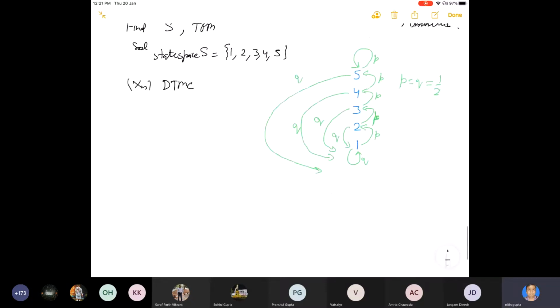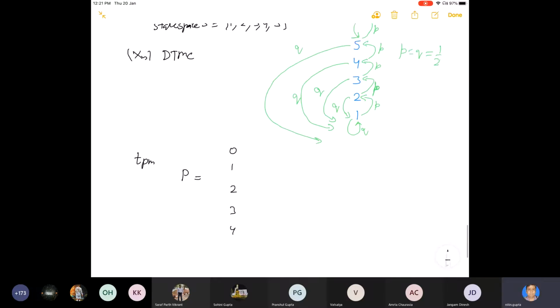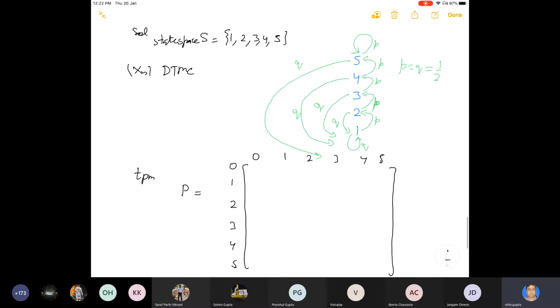And what is the TPM? TPM is P, initially 0, 1, 2, 3, 4, 5, finally 0, 1, 2, 3, 4, 5. Okay, so P00, sorry, start from 1 basically, because states are 1, 2, 3, 4, 5.